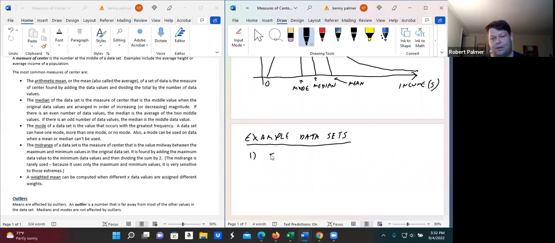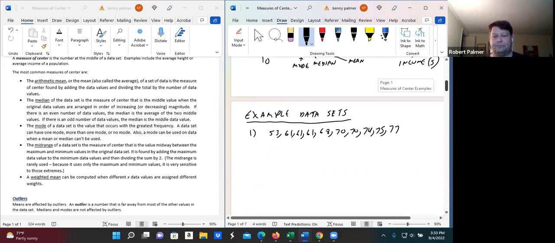I have 10 values: 53, 61, 61, 61, and these are also in order, which should make life easier, 68, then 70, 70, 74, 75, and 77.